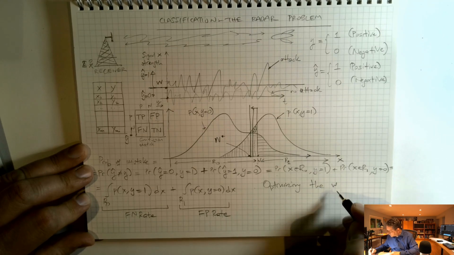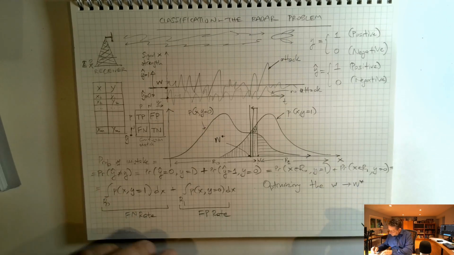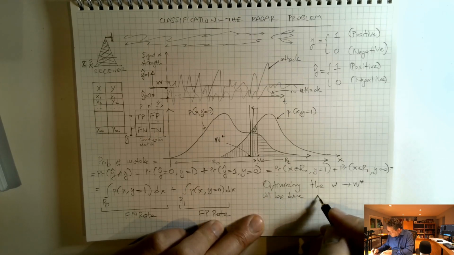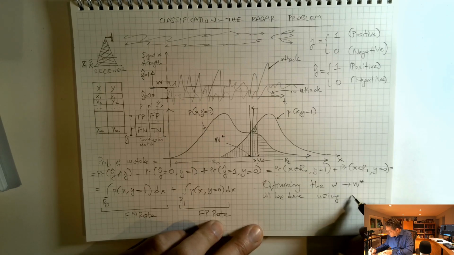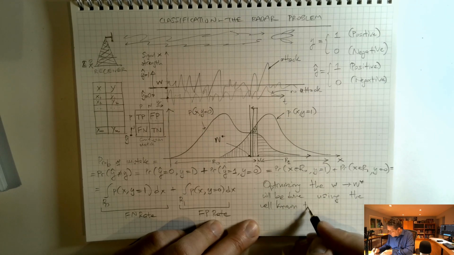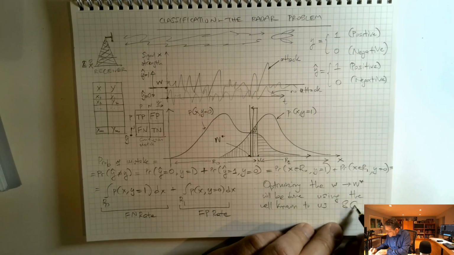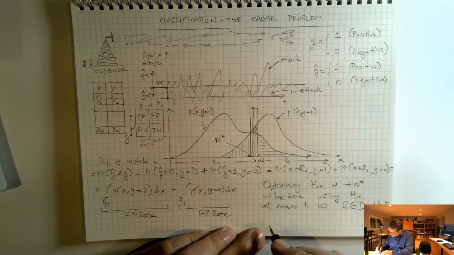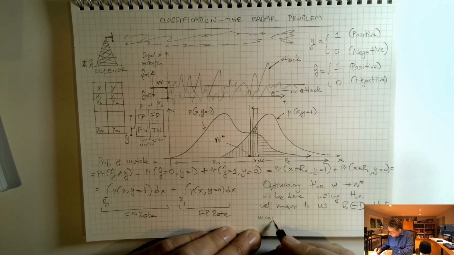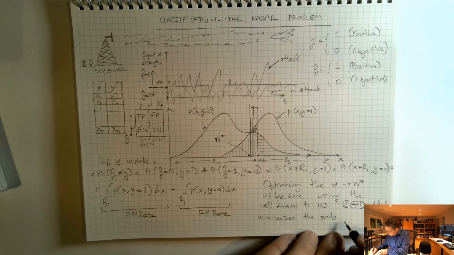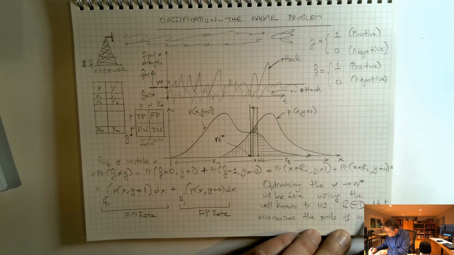So actually we can write that optimizing the W towards W star will be done using the well-known to us stochastic gradient descent algorithm that minimizes the probability of mistakes, the probability of making a mistake.